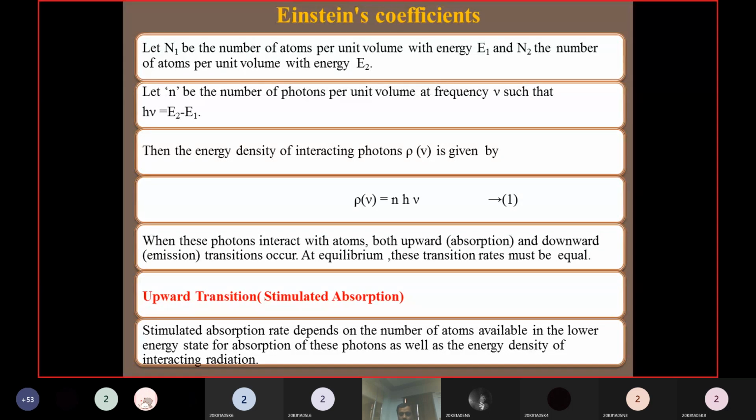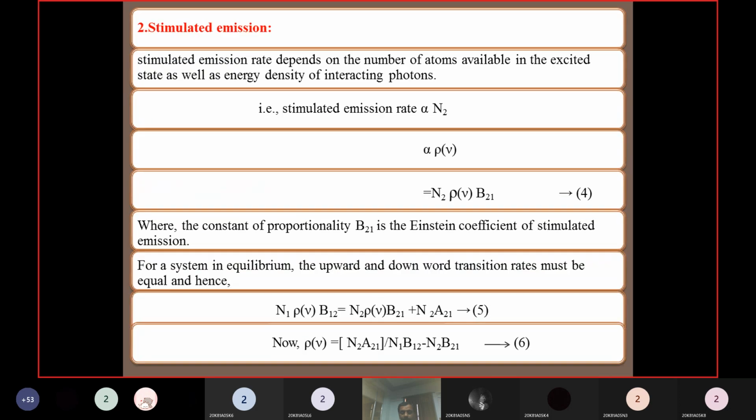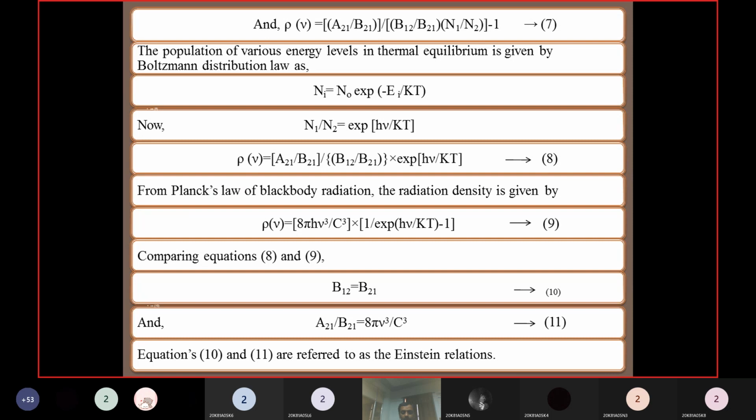This is the first page, this is the second page, this is the third page, and the fourth page. This is the relation between the Einstein coefficients, the most important one.